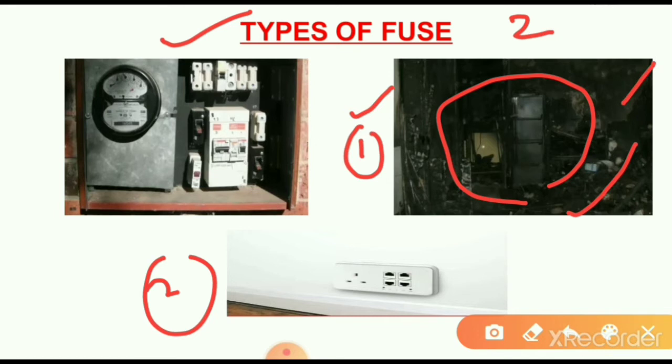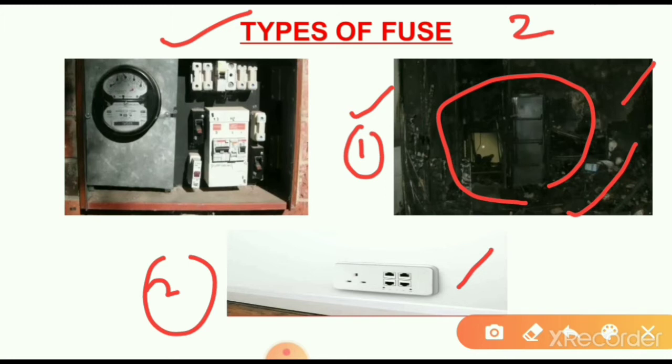And what is the second one? Overload. When more than one appliance or device is connected to a single socket, it is an overload, and it causes a short circuit.